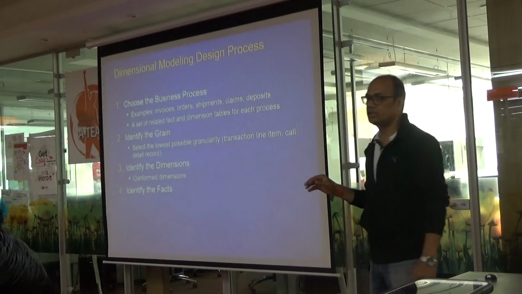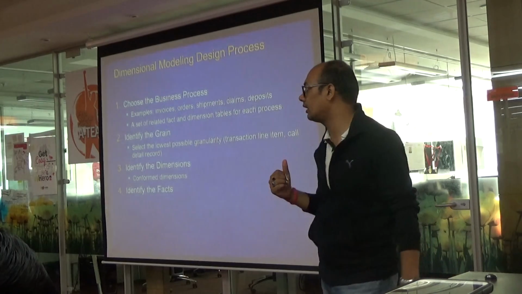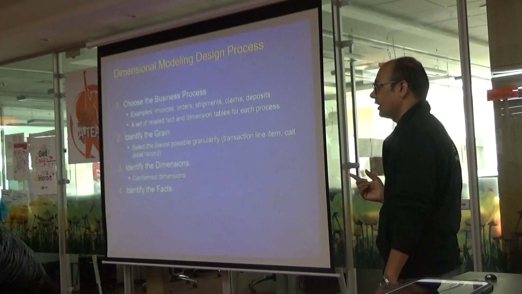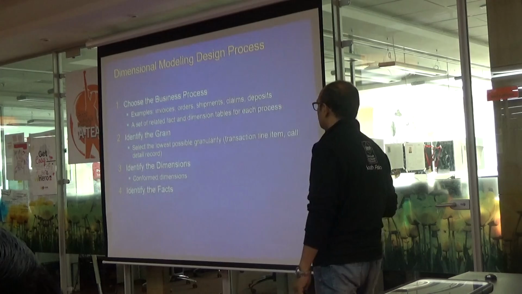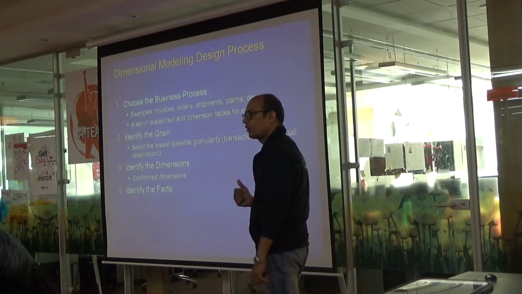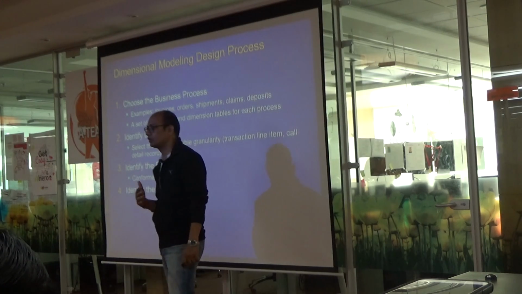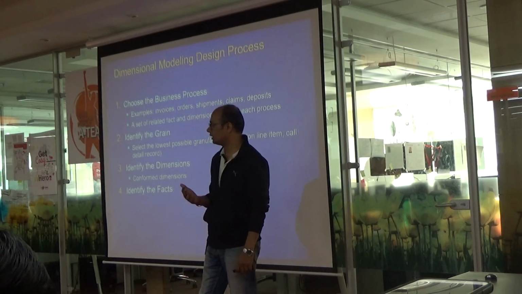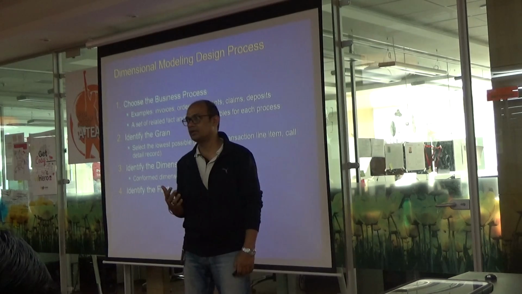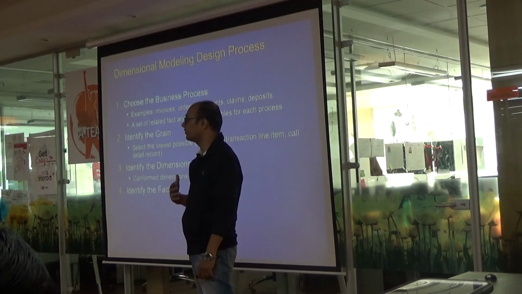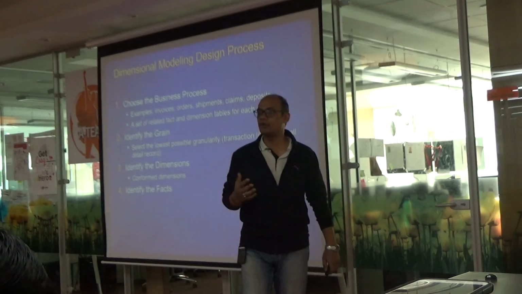So this is how the process for designing a dimensional model goes. First of all, you have to choose the business process, which is very important. For which business are you going to design a data warehouse or the cube? It could be a sales department, an HR department, a finance department, a production department, or it could be anyone.